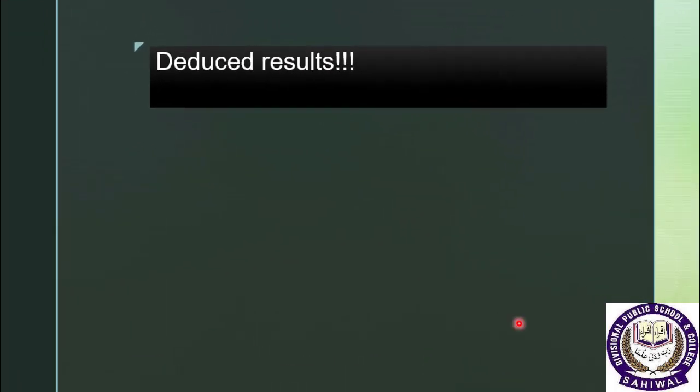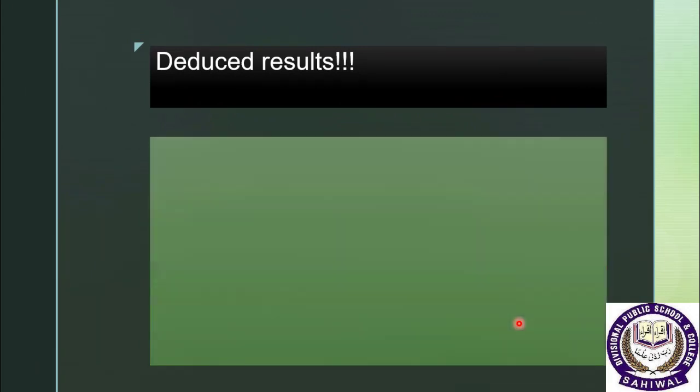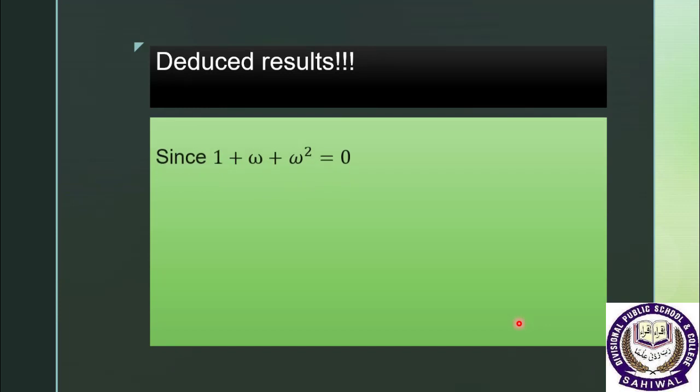From this property, we deduce some results. Since 1 plus omega plus omega square is equal to 0, 1 plus omega is equal to minus omega square. Taking omega square from the left hand side to the right hand side, we get this result.